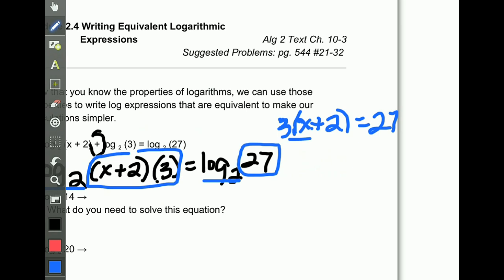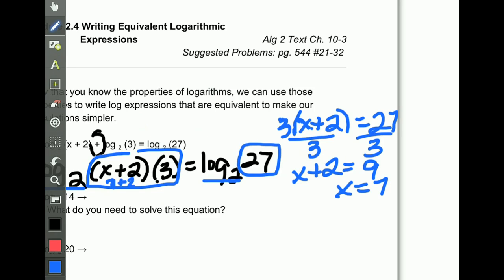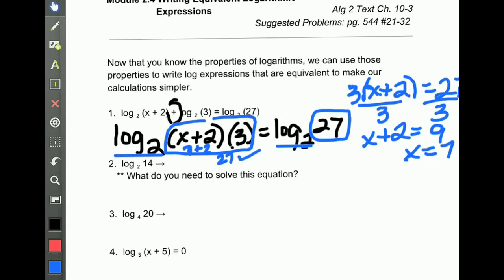So we're going to divide both sides by 3 first, and we're going to get x plus 2 equals 9, so our x equals 7. We went back and plugged that in over here. 7 plus 2 is 9. 9 times 3 is 27. So they would be equivalent equations. We're not finding the log, remember. We're just finding what x is equivalent to.